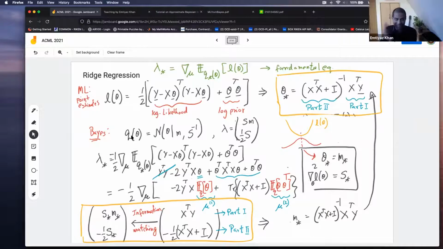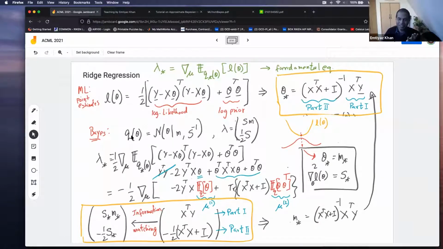So it's exactly at the minimum. Okay. And then the variance is trying to adjust to the curvature. So it's the Hessian at that point, which is X transpose X plus I. Okay. So in this simple example, you see that the information is distributed.